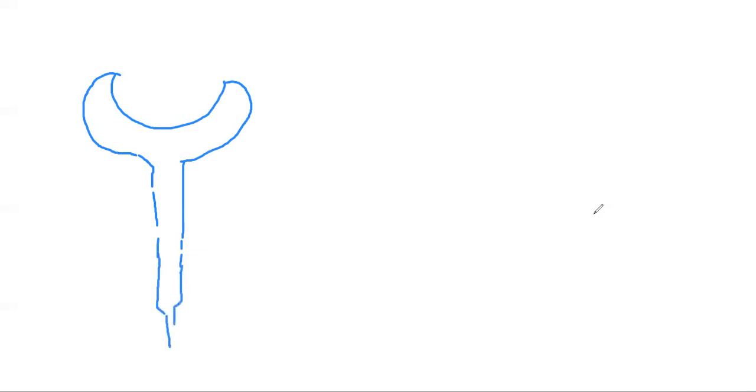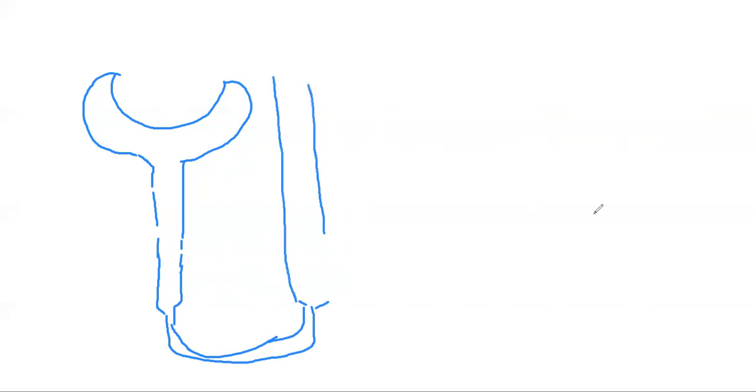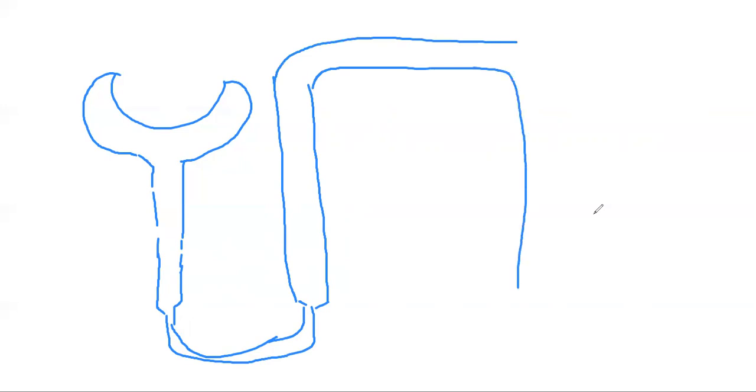Finally, it will produce the loop of Henle, and further it will move up as a thin ascending limb of the loop of Henle, from where it will produce the thick ascending limb of the loop of Henle, like that. So this is the tall part, that means the thick ascending limb of the loop of Henle. And from here it will go on to produce the distal convoluted tubule, and finally the collecting duct.